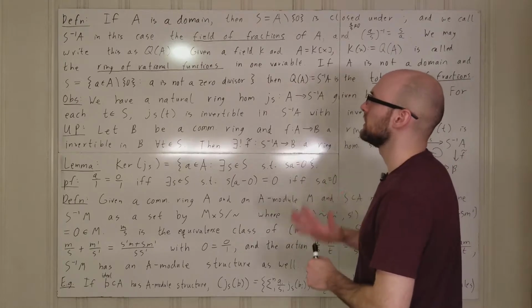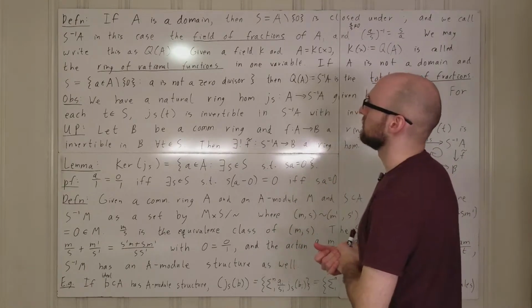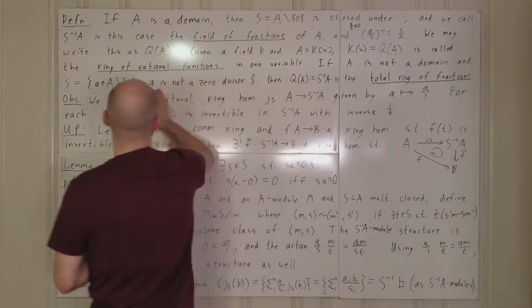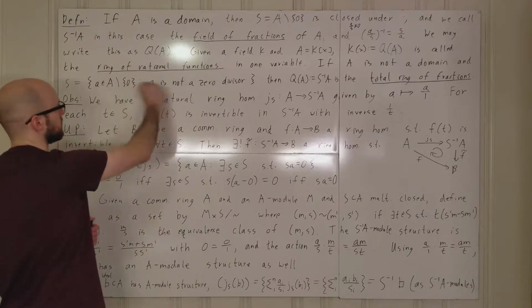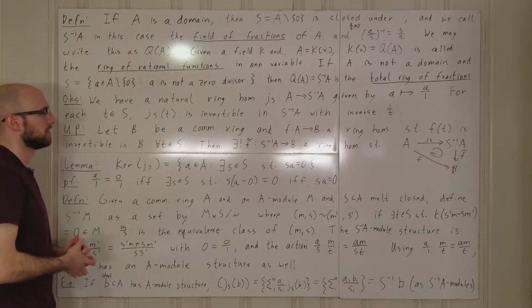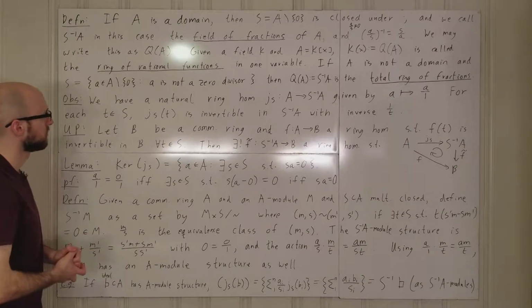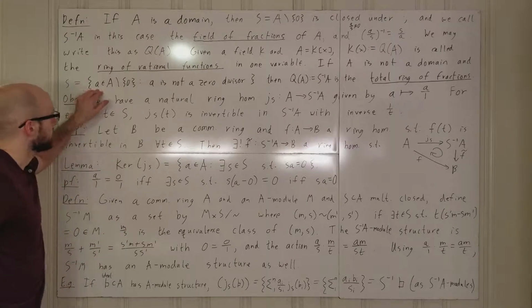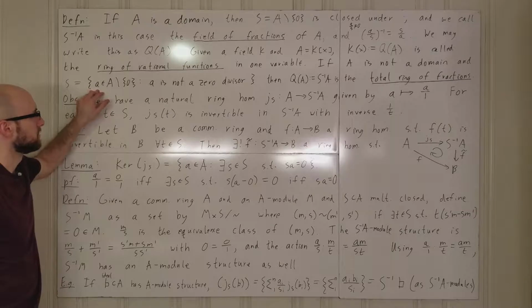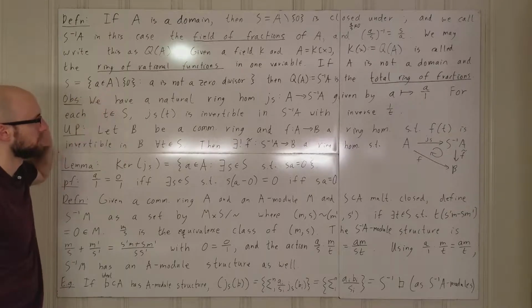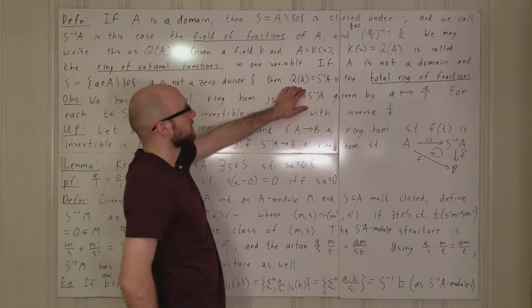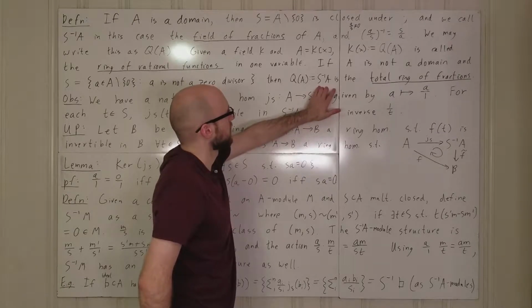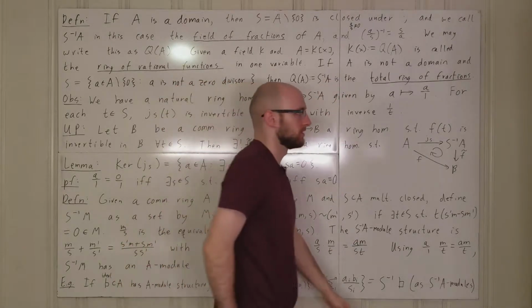But for this specific use, zero is not considered to be a zero divisor, or whatever way it has to work. S is the set of non-zero elements which are not zero divisors. Then we define Q of A to be S inverse A, and this is the total ring of fractions.